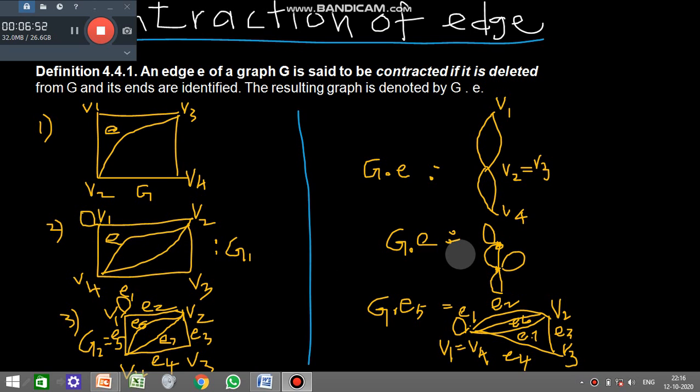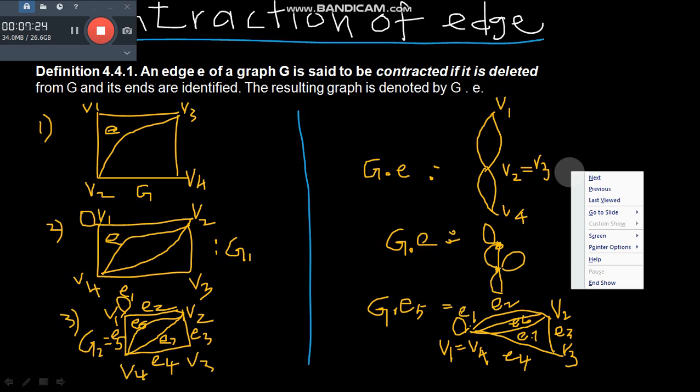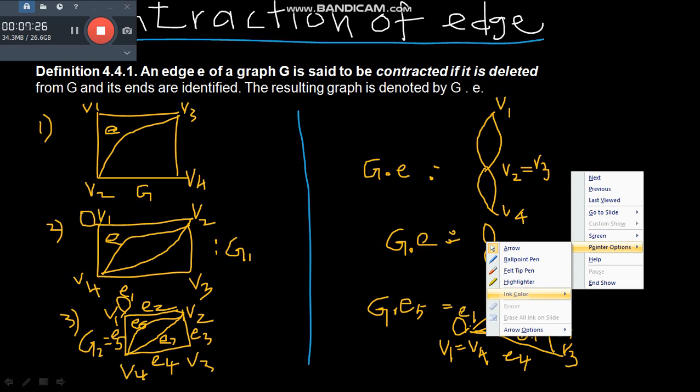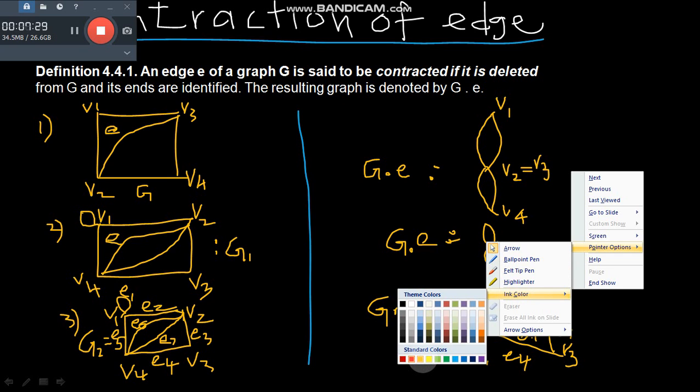When it is contracted, what we'll get is this straight line, that is V1, V2, and this is V2, V3, and this is joined with this, and this is joined with this. Okay, so you will get this particular picture. That's what you have to understand. Actually, I will take that, then you will understand that very clearly.